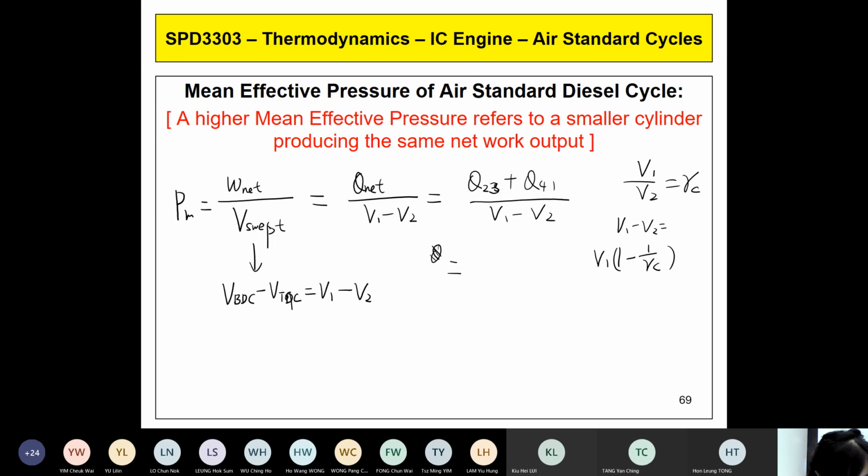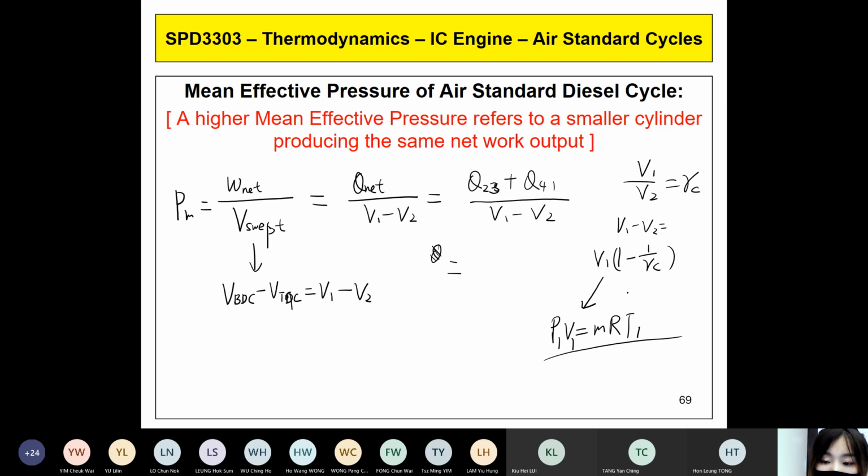How to calculate V1? By using the property of perfect gas. P1 V1 equals m R T1.